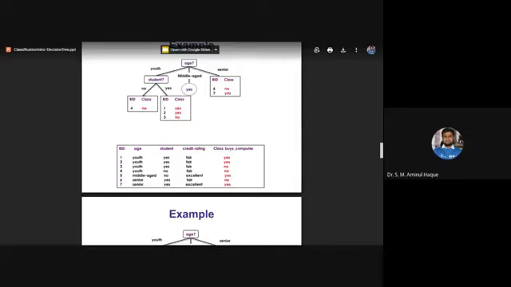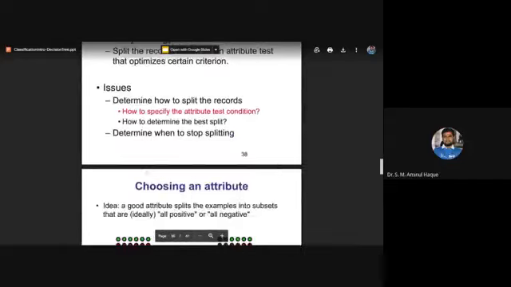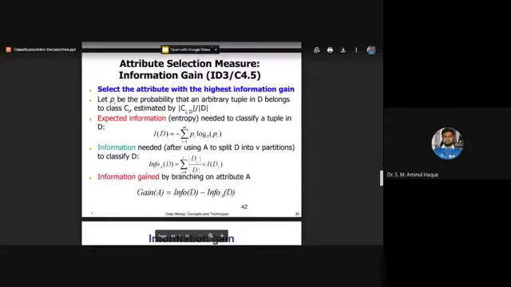So 3 levels are there. So the value of V will be 3 here. Did you get that? Yes, sir. So here V will be the number of levels for that particular attribute for which we are measuring the entropy. Clear?